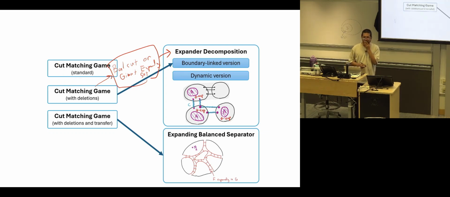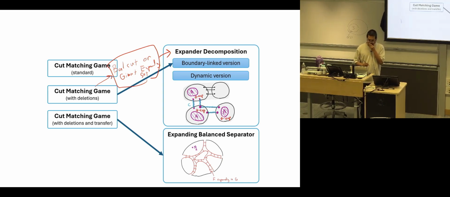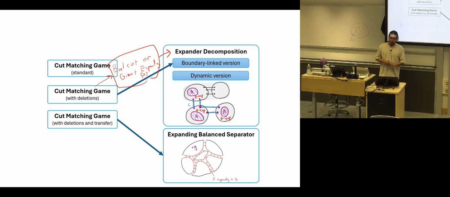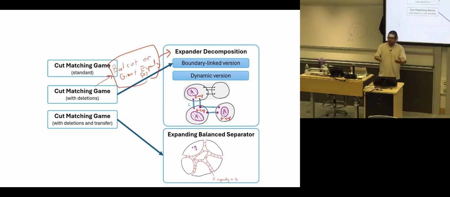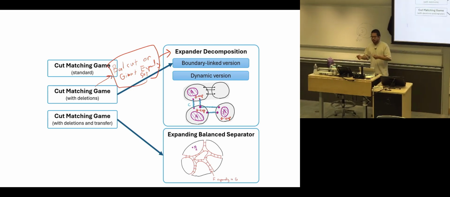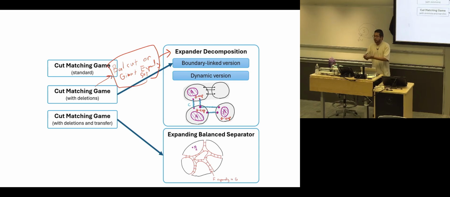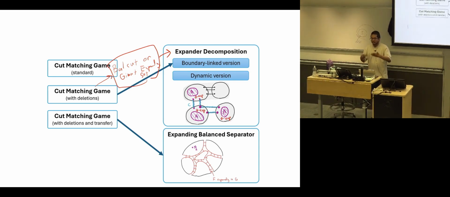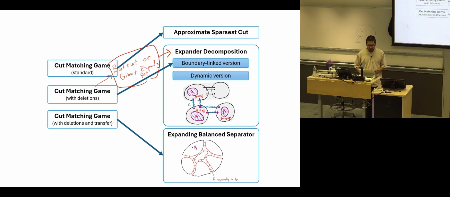Yeah, to compute either a sparse cut or an expander: to say that there is a phi-sparse cut, or to say that the whole graph is phi over log squared expanding, or the whole node weighting is phi over log squared expanding. So this is kind of just to find an approximate sparsest cut.